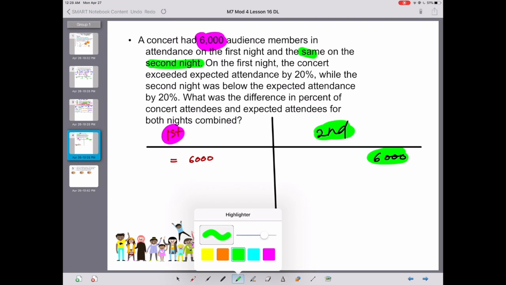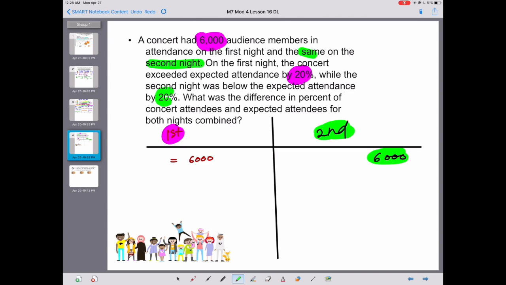Using that information, on the first night the concert exceeded expected attendance by 20%. So 20% was more people on the first night, and the second night there was below, so that's a less.